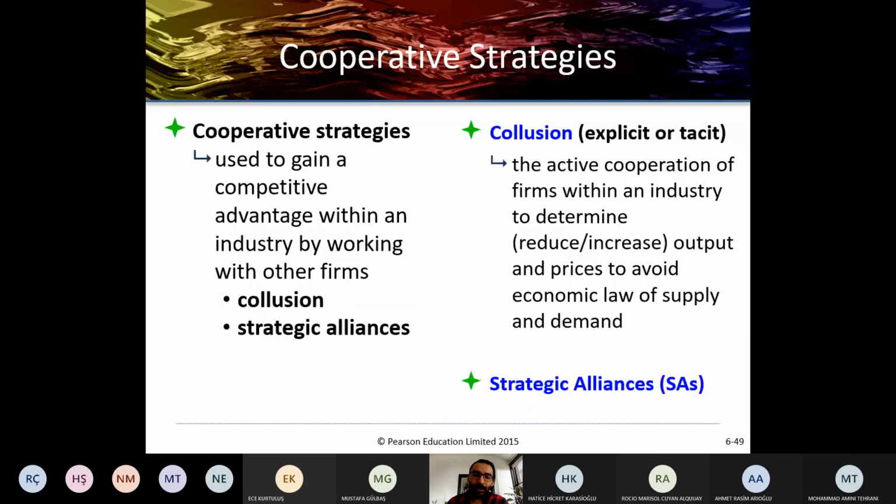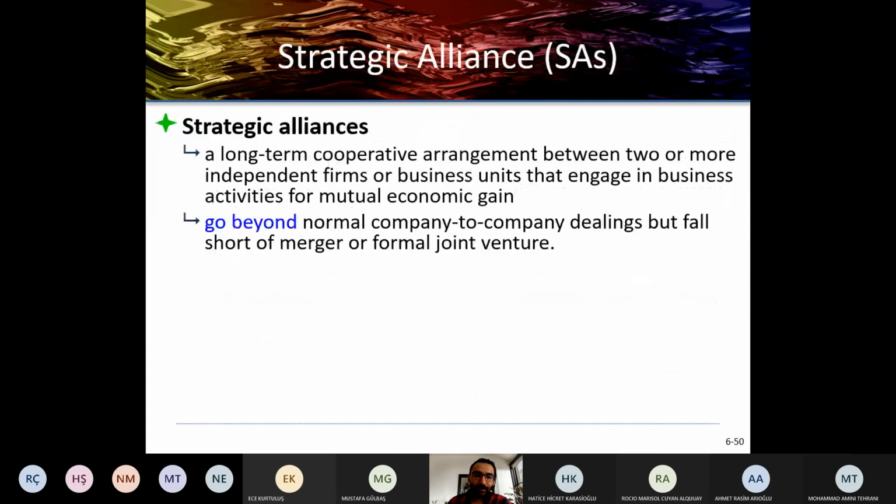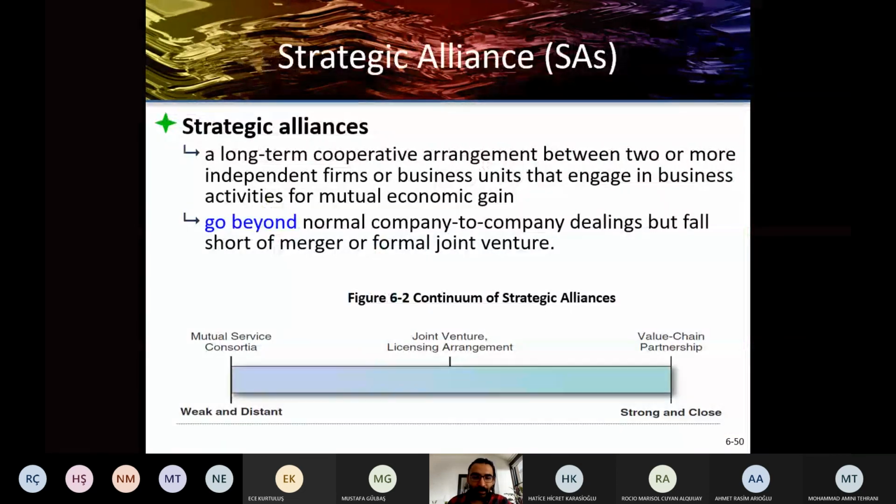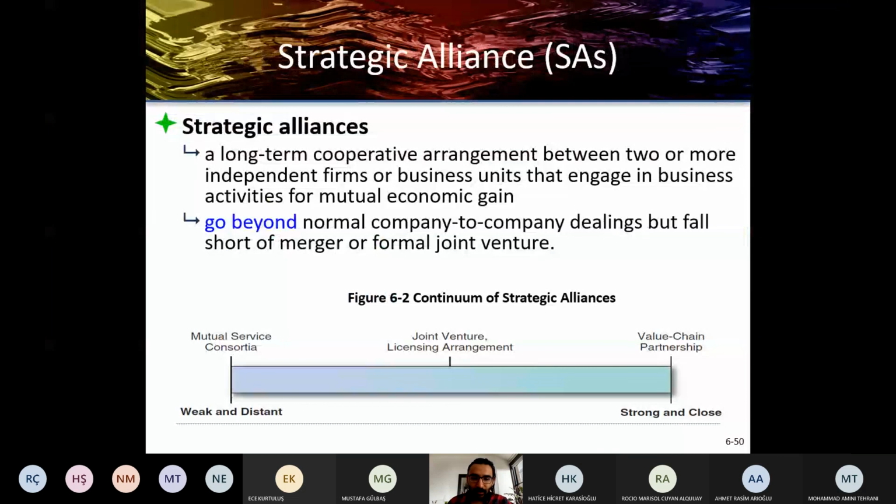And not always competing; sometimes cooperating is better. For example, establishing strategic alliances with your rivals, with other companies. And there are other forms of strategic alliances. Actually, I think we will be talking about this, so I want to stop here.